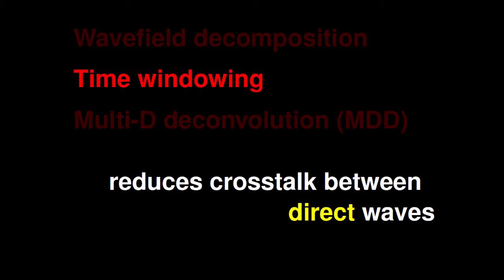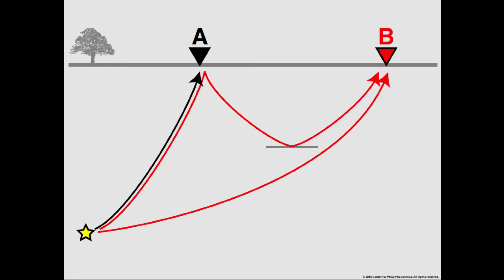The second technique is time windowing. The purpose of time windowing is to separate direct and reflected waves to suppress crosstalk between direct waves at different receivers. This is a very simple cartoon of wave propagation from one source to two receivers. We draw only two direct waves and one surface-related reflected wave.